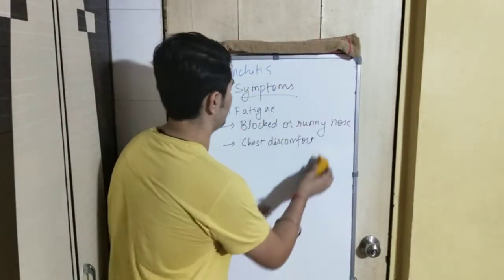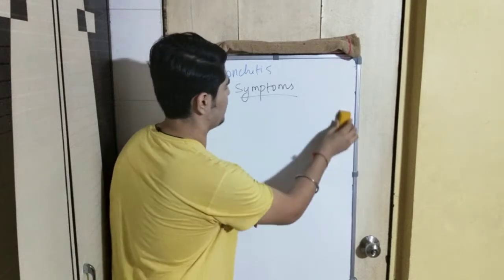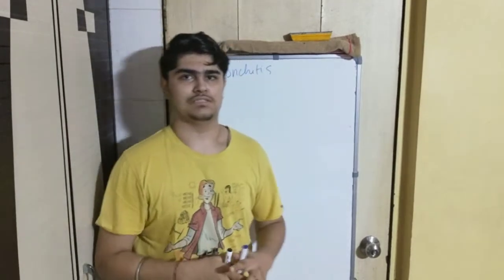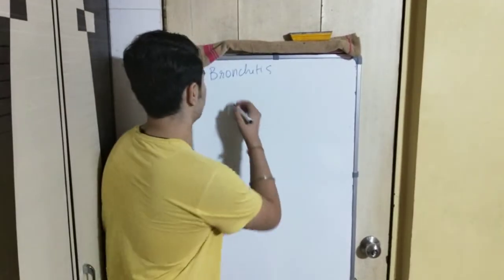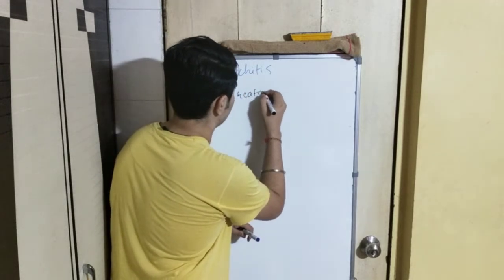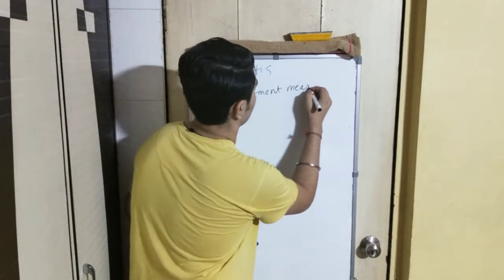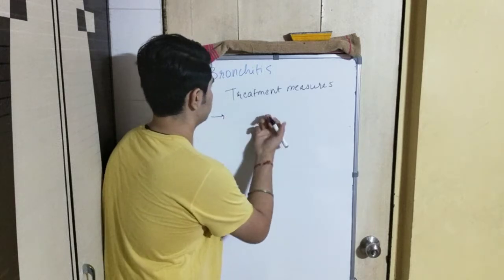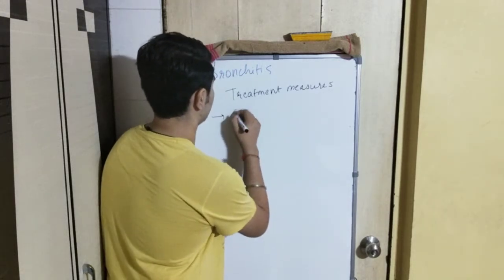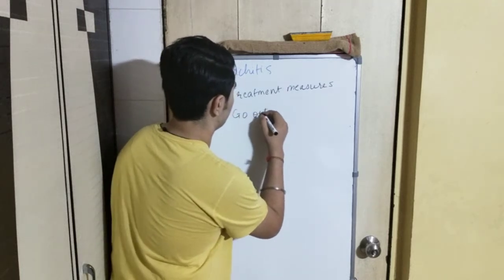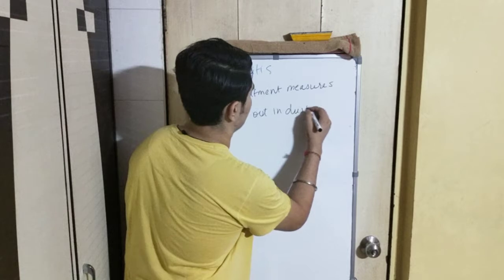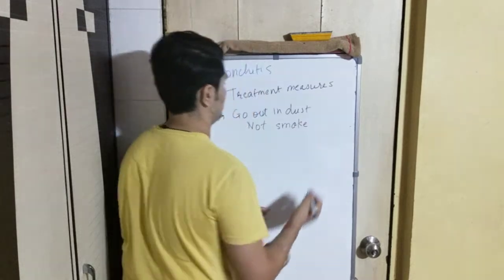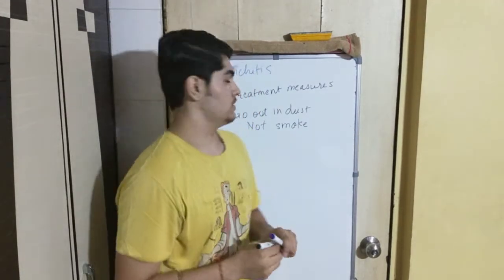Now we are going to learn about some treatment measures or preventive measures so that you do not get into trouble or a disease like bronchitis. First, you should not go out in dust, or you should not smoke. That is the main reason that can cause bronchitis.